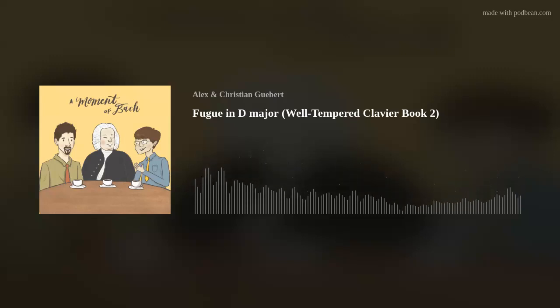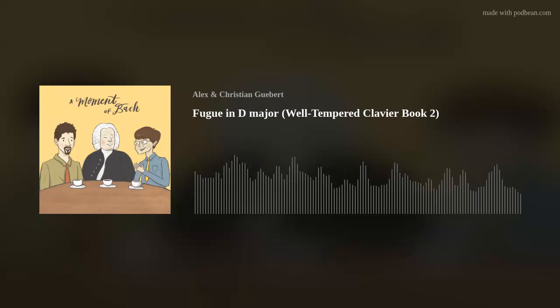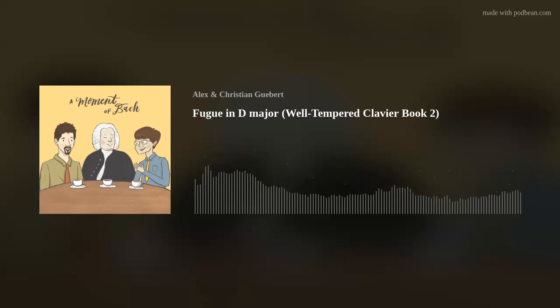There are slow ones, fast ones, different numbers of voices, different voices entering each time, different compositional techniques used to transform the melody in interesting ways. So they're not really a structure, they're more just a way of writing, as this author puts it.